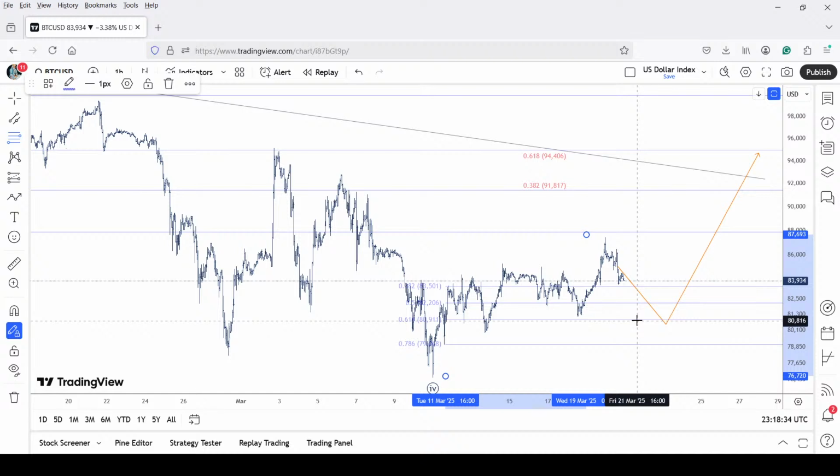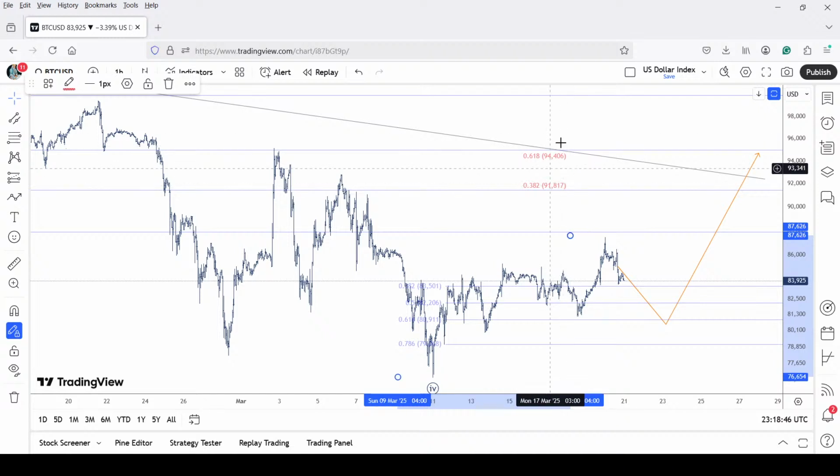Maybe we'll have a limit order in place around the 81,000 mark with the stop loss around 76, and then potential targets. I think we'll have to shift this target. No, I think we've already done that, with the potential target around 94, 95,000 going forward.